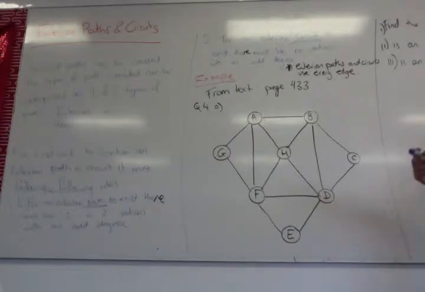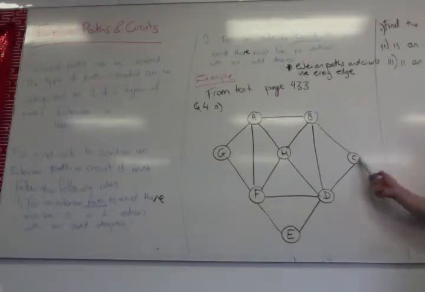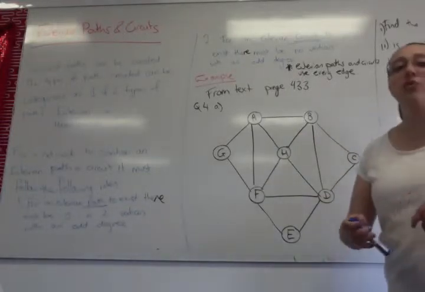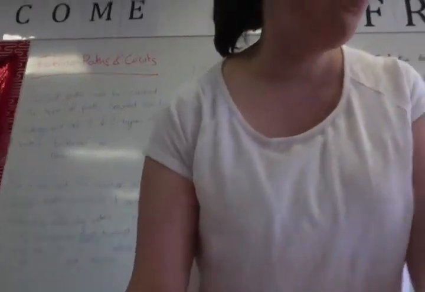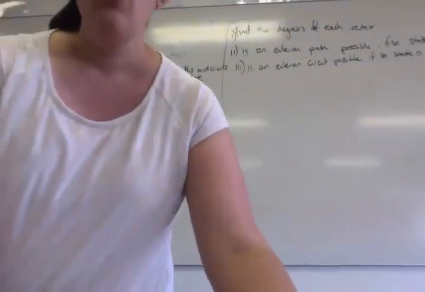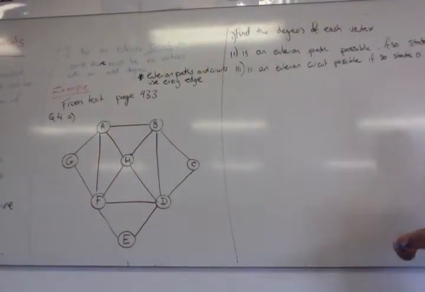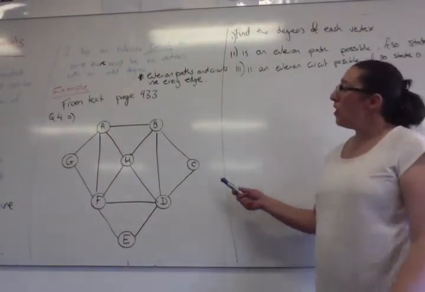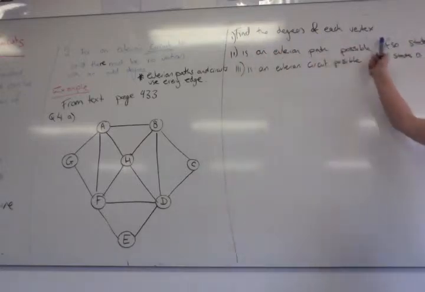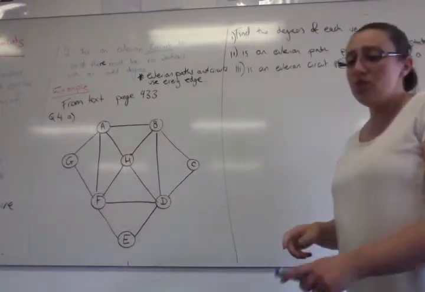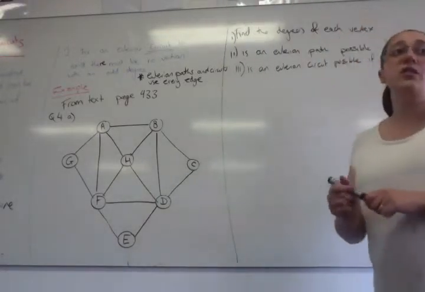Alright, so I'm going to go through this example up here on the board. So we've got a network here, and we're going to decide whether we can find an Eulerian path or an Eulerian circuit for it. So, looking at what we've got. Step 1 says to find the degrees of each vertex. So actually, I might write in black because it is quite faint.